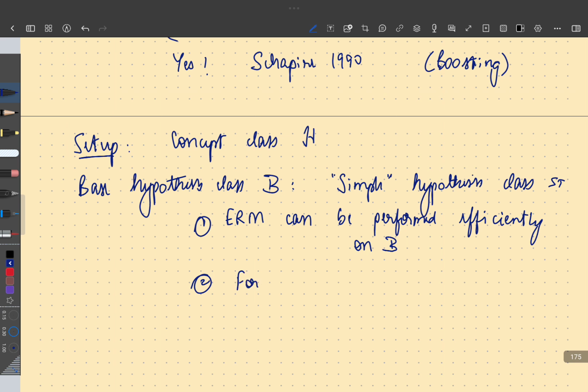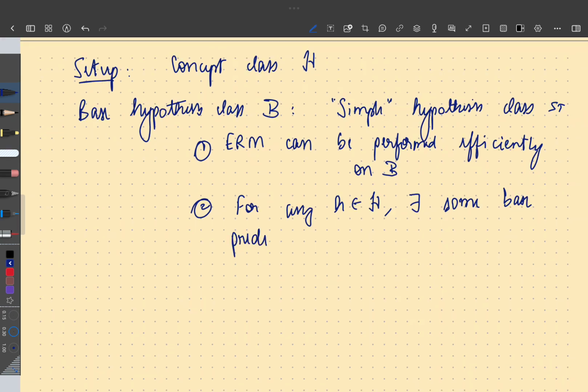But more importantly, for any concept, so suppose that all of the points are labeled using some h from the concept class H, there is some base predictor, let me call it h_b, that achieves error less than or equal to half minus gamma for all input distributions P_X.